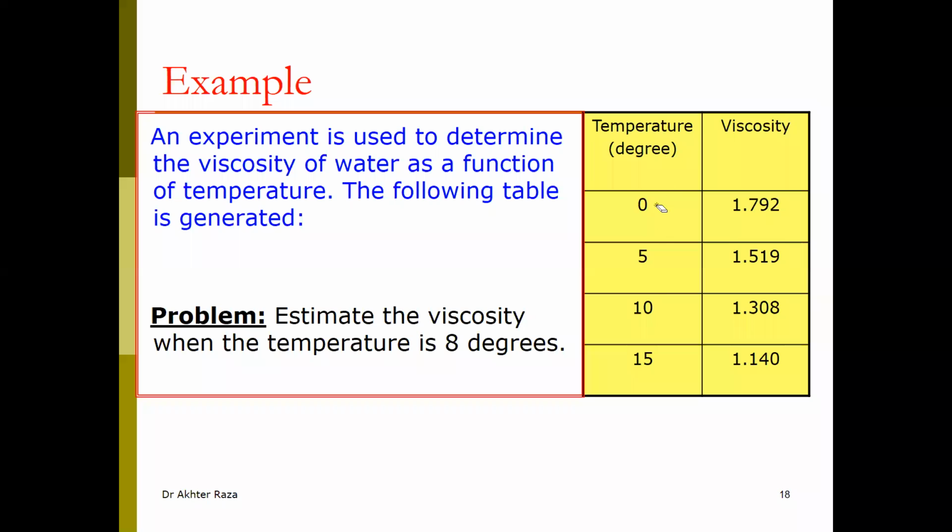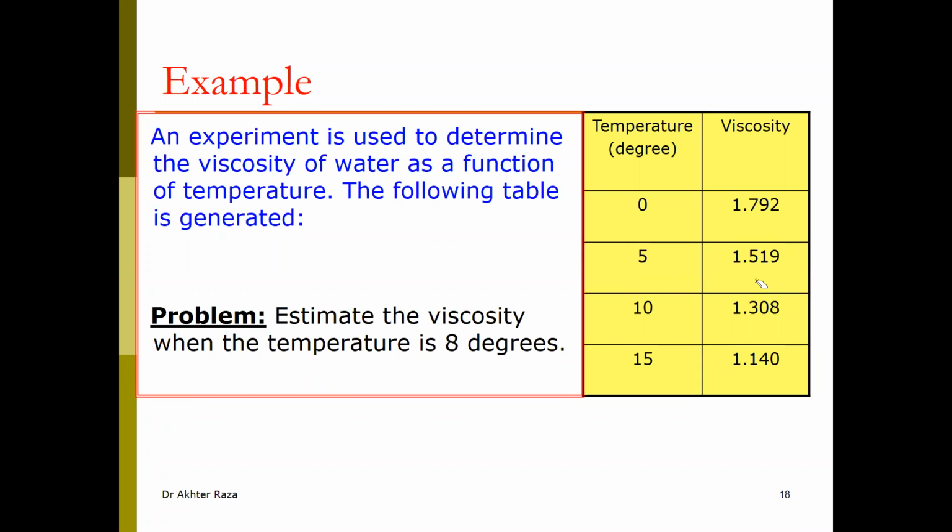Our data is given to us. In this data, we have two variables. One variable is the temperature, which is an independent variable, and another variable is y, the dependent variable, viscosity. Different values are given here for temperature, and 1, 2, 3, 4 values are given here. Arguments are equally spaced. If an argument is given to us, that argument is 8.